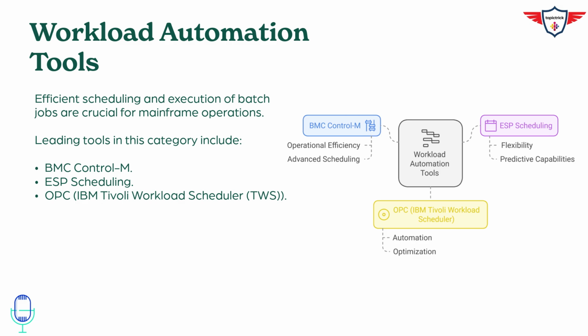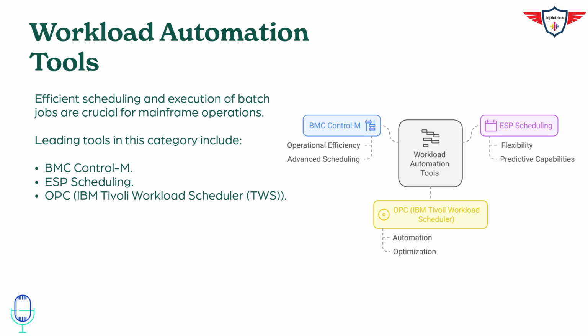That one excels in managing complex batch job dependencies and optimizing resource allocation. So each tool offers its own unique approach to workload automation, providing options for different needs and environments. It's remarkable how these tools are working behind the scenes to keep everything running smoothly.